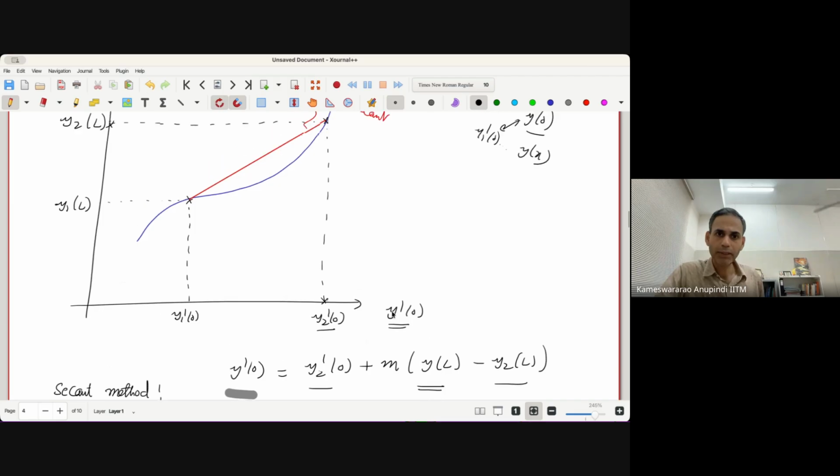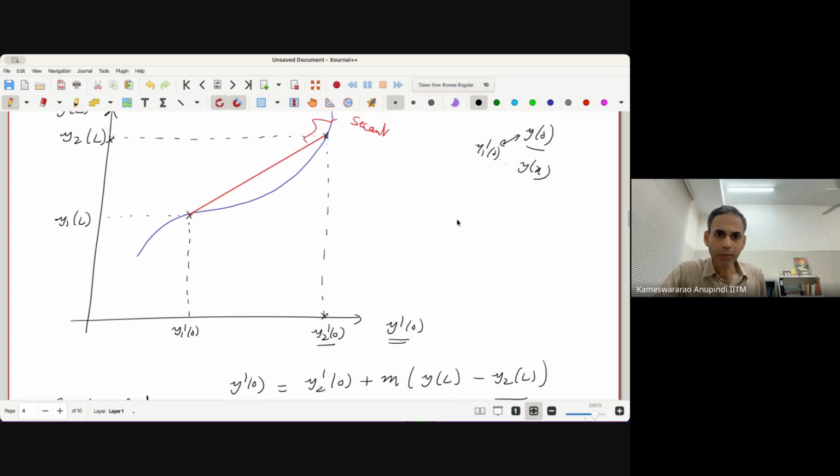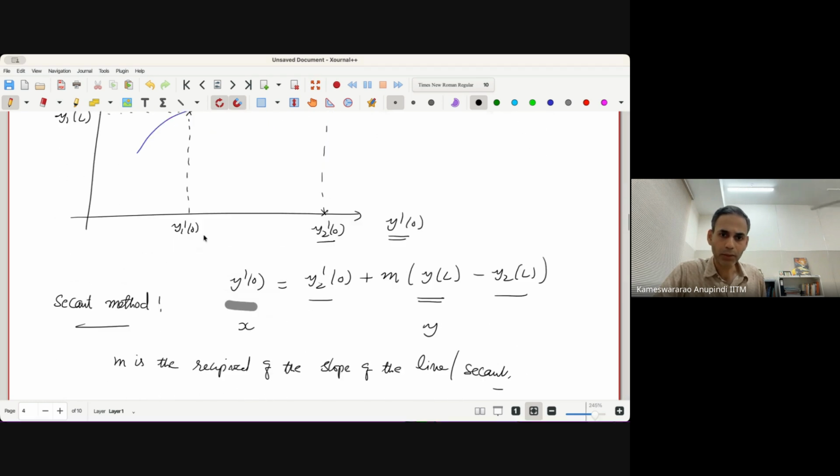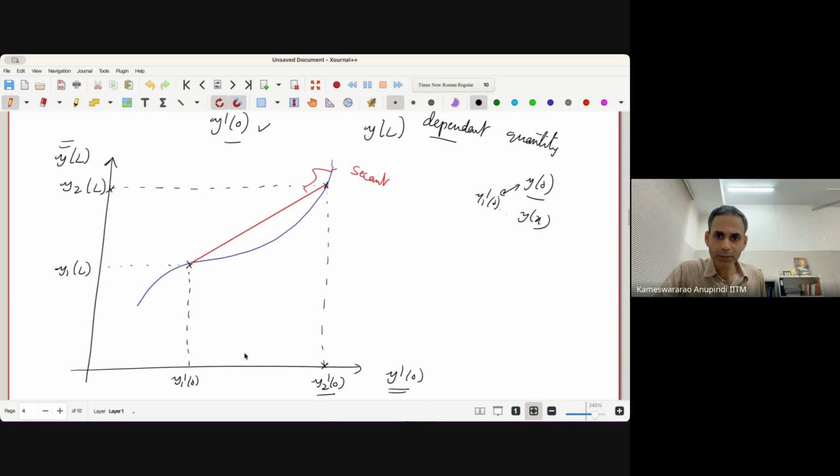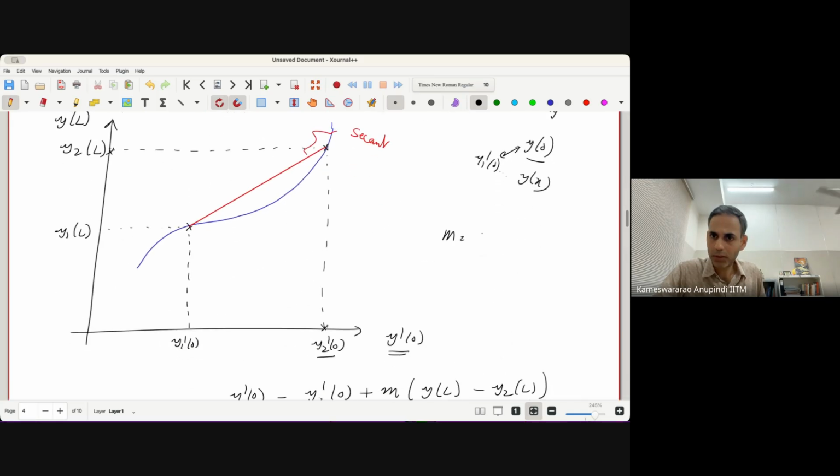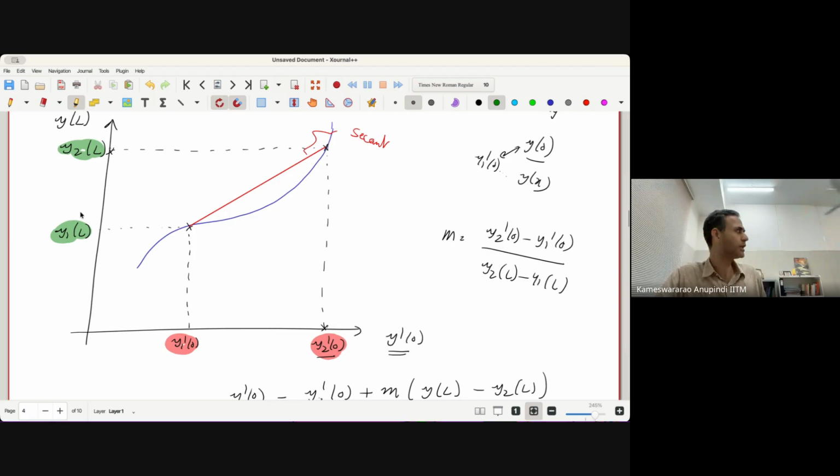So now it is the reciprocal of the slope, and the m value is nothing but x2 minus x1 by y2 minus y1. So m is going to be y2 prime 0 minus y1 prime 0 divided by y2 of L minus y1 of L. This is basically something like y2 minus y1 by x2 minus x1.